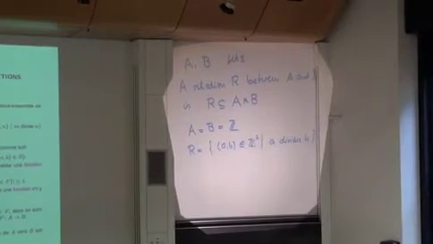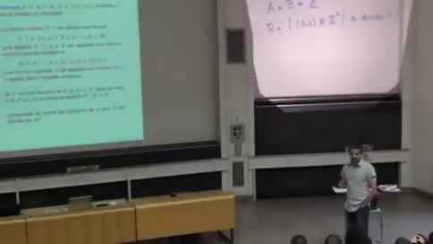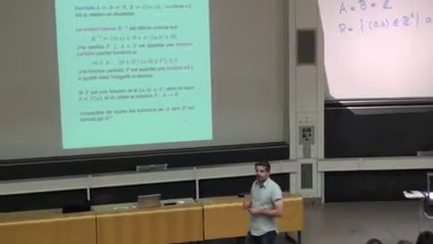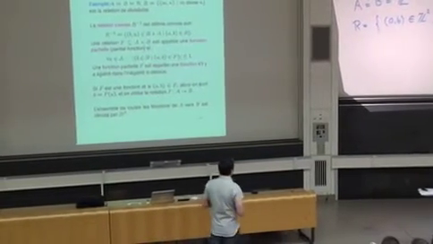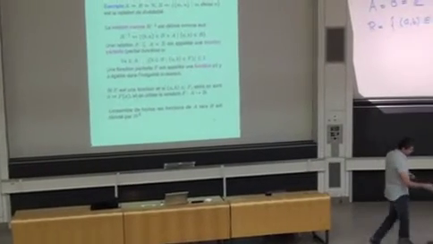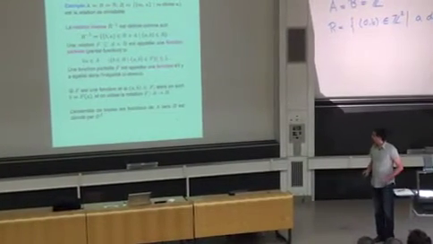It's the division relation, or the divisibility relation. So whenever you have an (A, B) in this relation, you know that A divides B. Okay? So this is what the definition of a relation is.